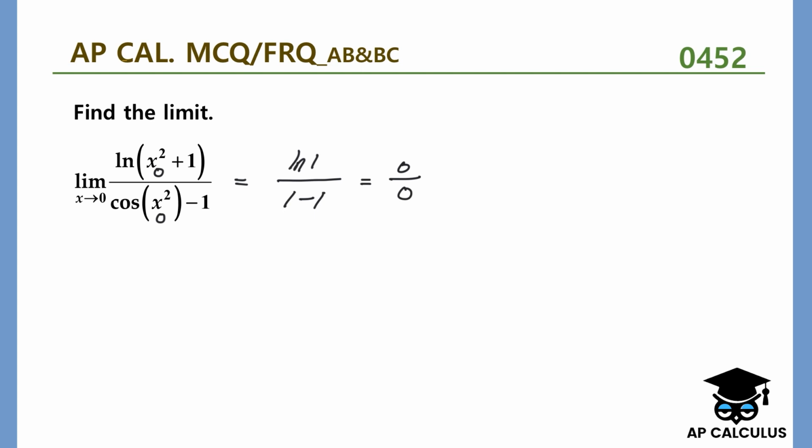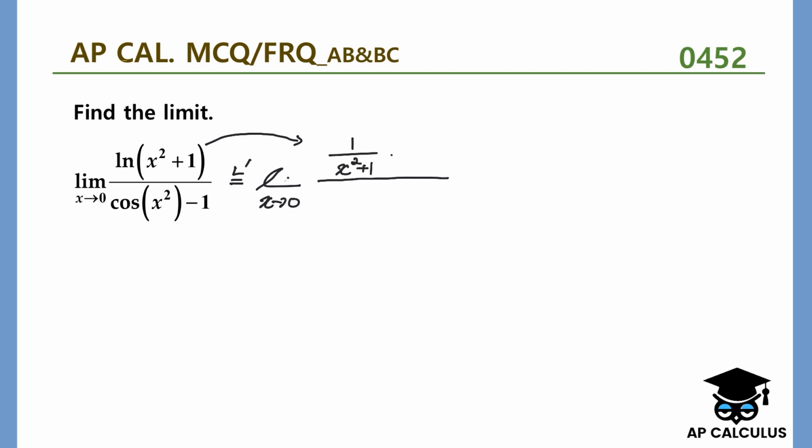So we're going to apply L'Hopital's rule. We have the limit as x approaches 0. The derivative of the numerator, natural log, is 1 over x squared plus 1 times the derivative of x squared plus 1, chain rule, right? 2x.